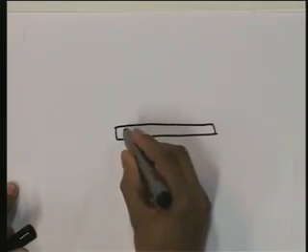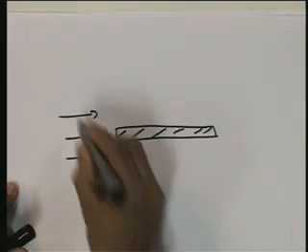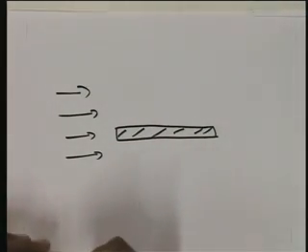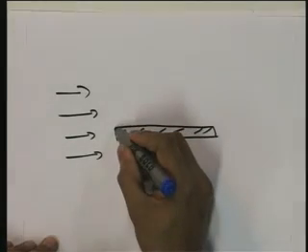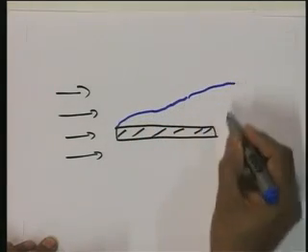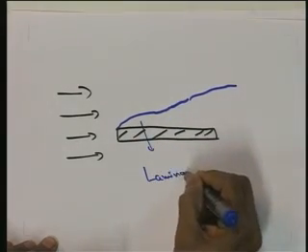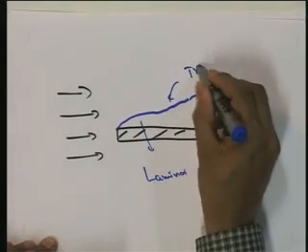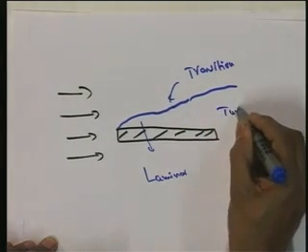So here there is a flat plate lying here, and the free stream flow comes like this, and we have seen how a boundary layer is formed like this. Initially it will be laminar, and then there is a transition here, and then we have a turbulent boundary layer.